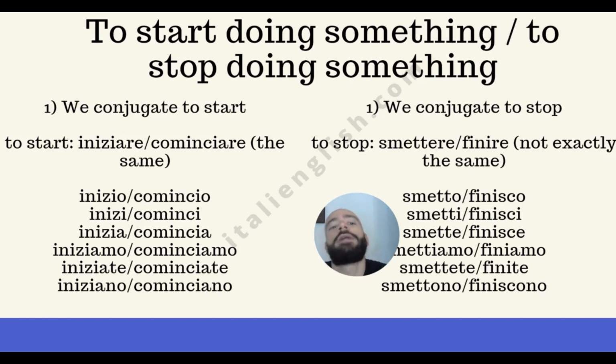Doesn't really matter. These two are perfect. Conjugations are inizio, inizi, inizia, iniziamo, iniziate, iniziano, or for cominciare, comincio, cominci, comincia, cominciamo, cominciate, cominciano. Regular conjugation of verbs that end with -are.